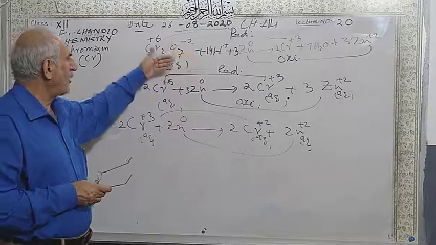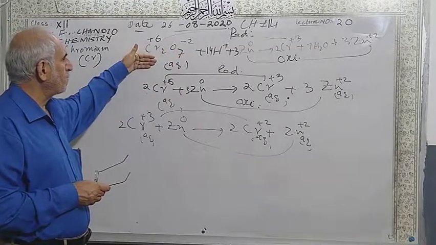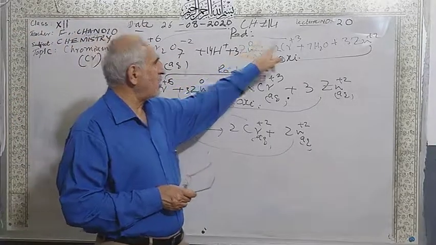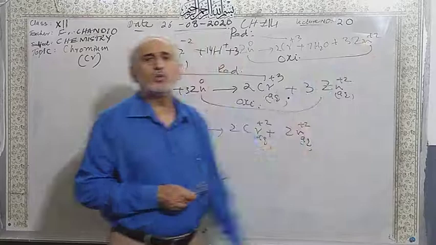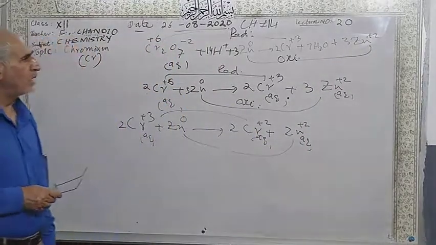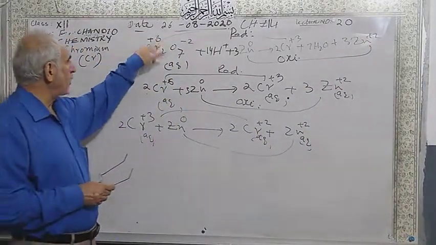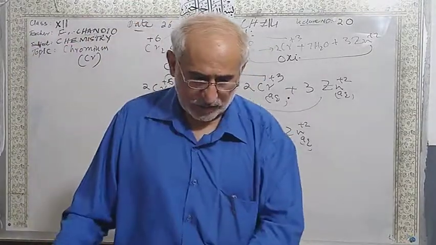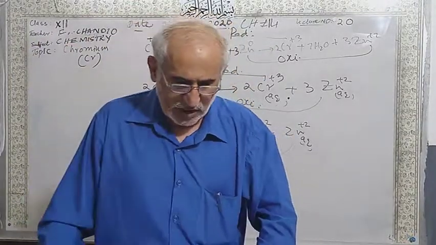Acidified potassium dichromate oxidizes zinc 0 to zinc positive 2. This is the example. And itself chromium positive 6 becomes chromium positive 3.